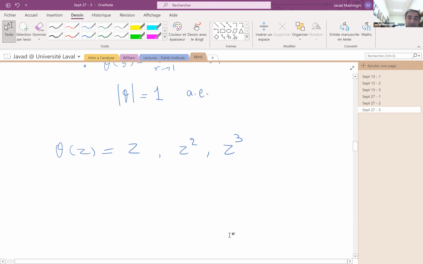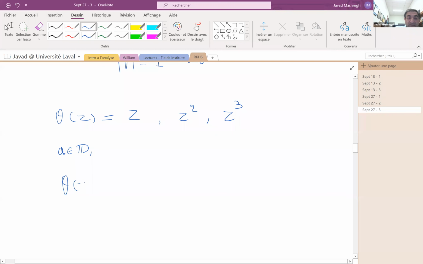Another example: for this function, the zero is at the origin, theta of 0 is equal to 0. But if A is a fixed point of the disk, then theta of z is equal to (A minus z) over (1 minus A bar z).